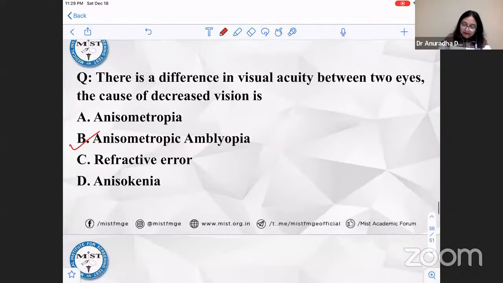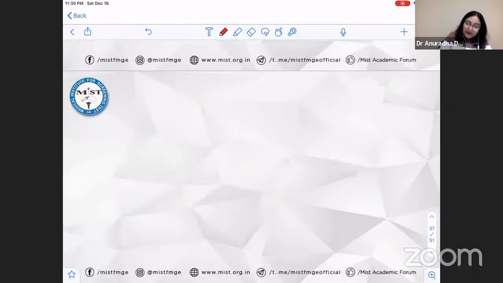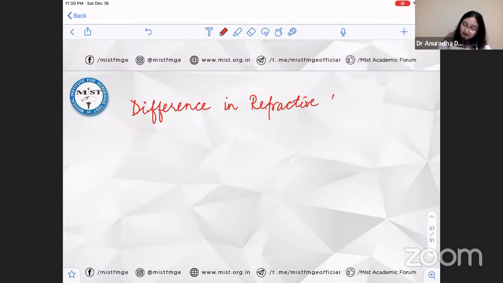Now, let's discuss it a bit here. When there is a difference in the refractive error of the two eyes, that is known as anisometropia.